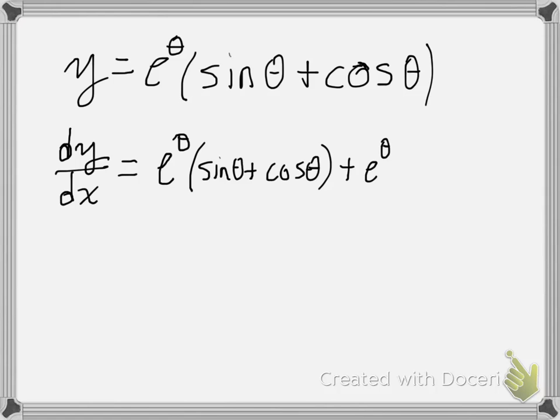And now we're going to take the derivative inside of the sine theta plus cosine theta. So what's the derivative of sine? It's cosine. And the derivative of cosine is negative sine. So we end up having, I'd say plus, and then basically that negative sine theta.